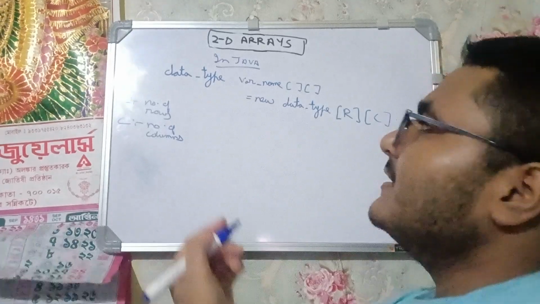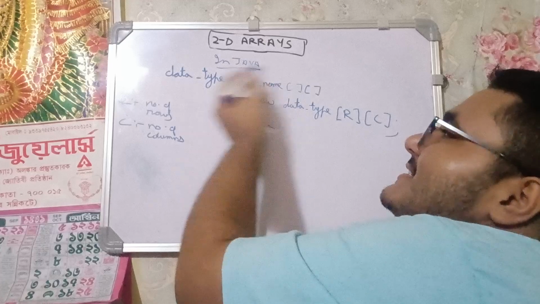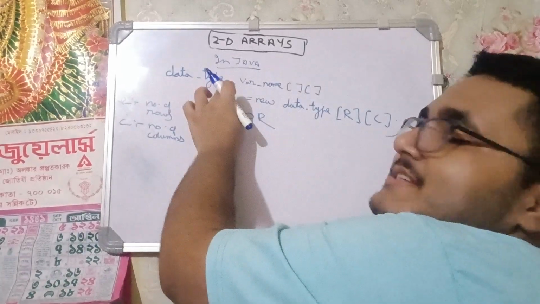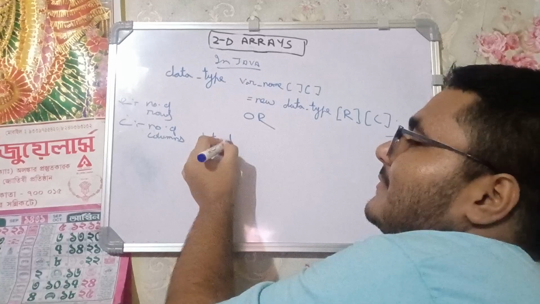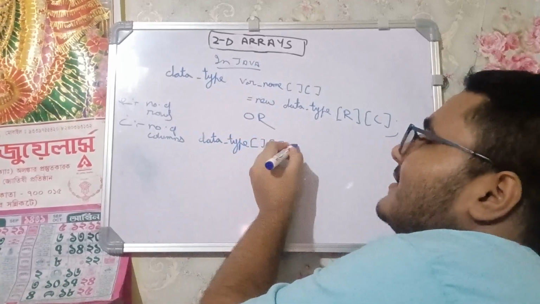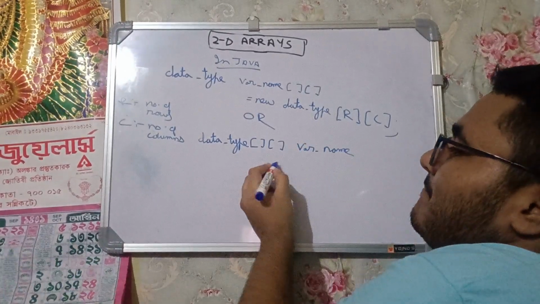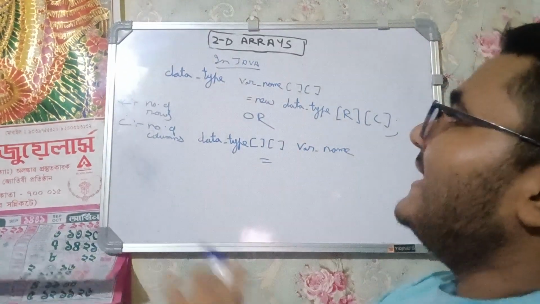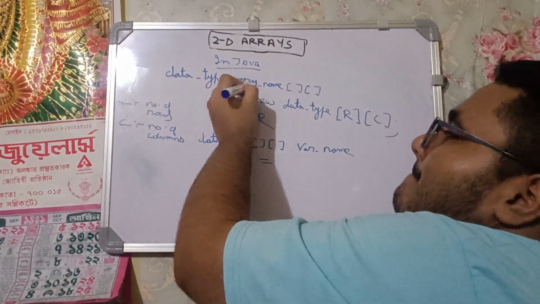Right? Or you can keep the square brackets after the data type: data type, square brackets, variable name. Better let me write the array name.